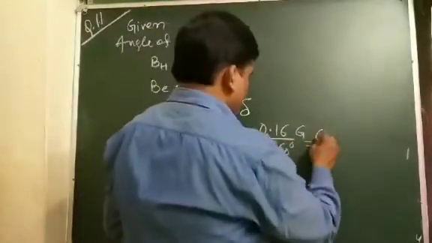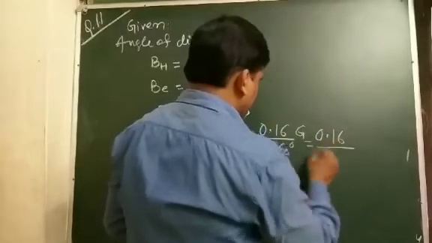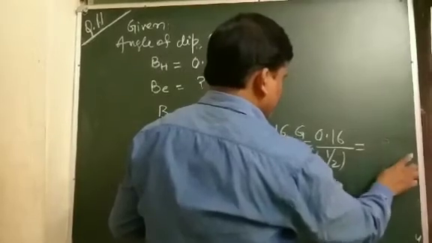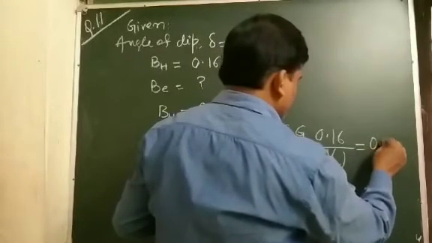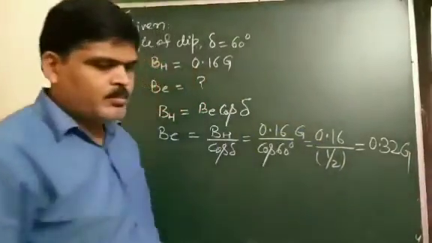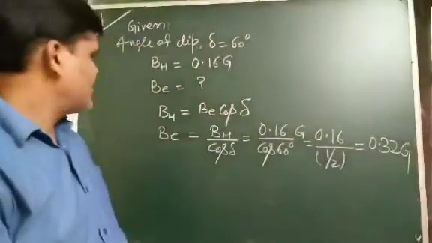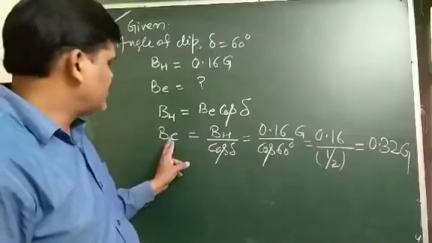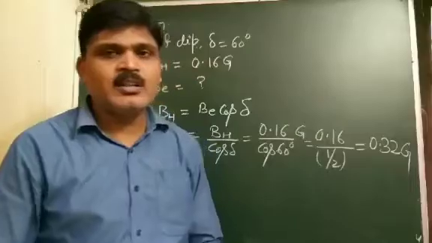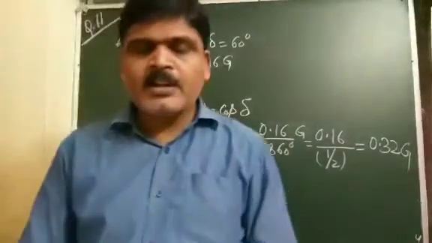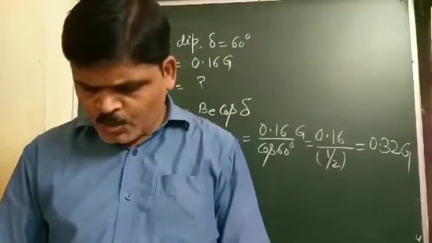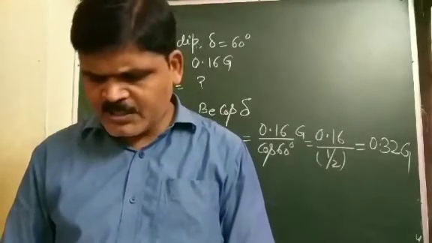So 0.16 by cos 60, which is 1 by 2, comes out directly to be 0.32 G. So the magnitude of the Earth's magnetic field is 0.32 Gauss, and student, the direction of BE is 12 degree, which is given.